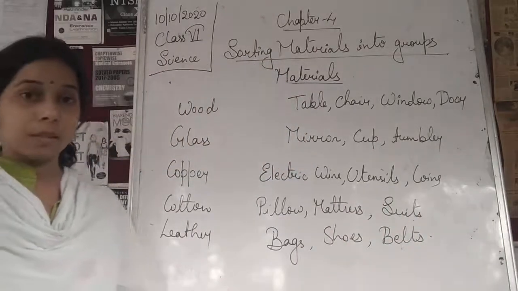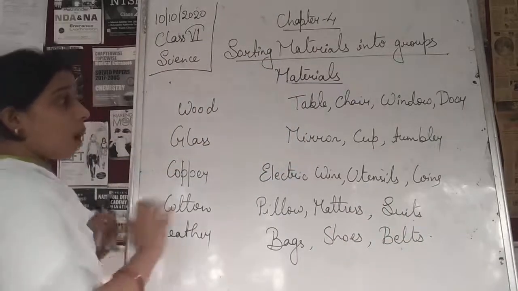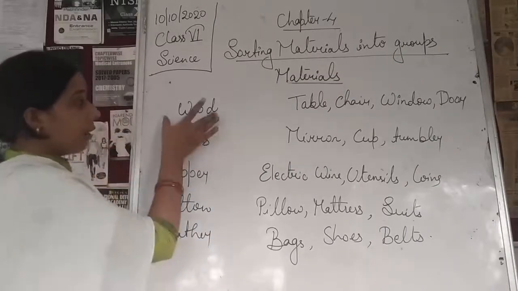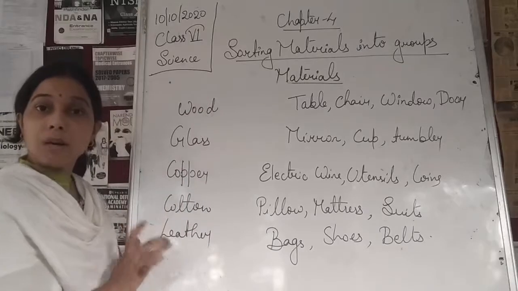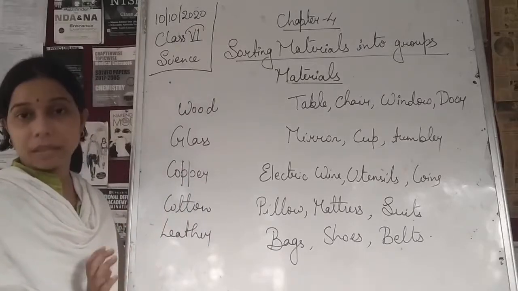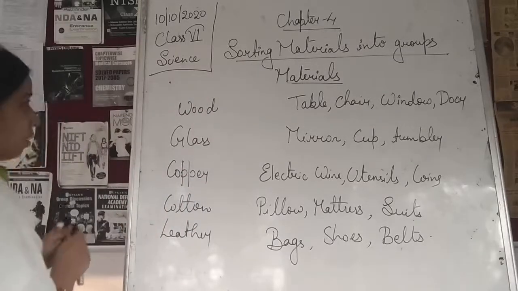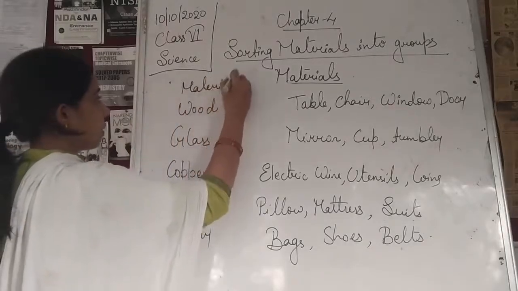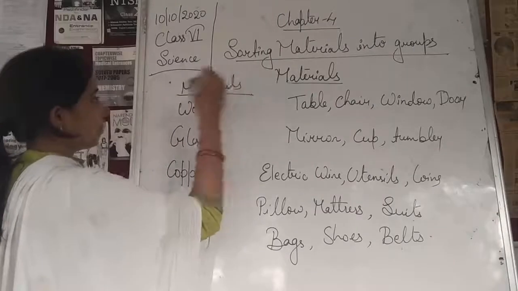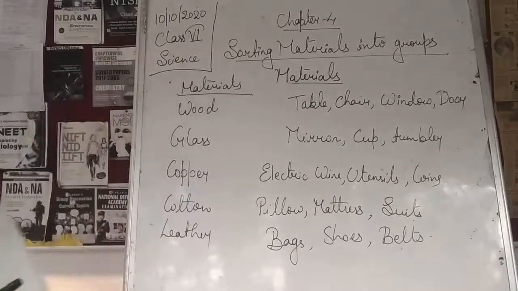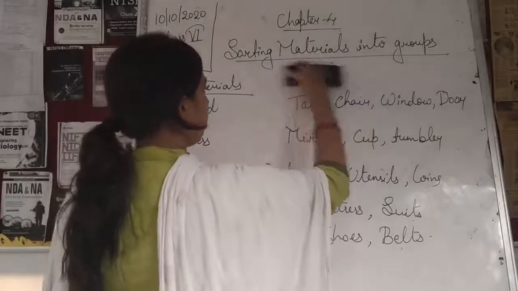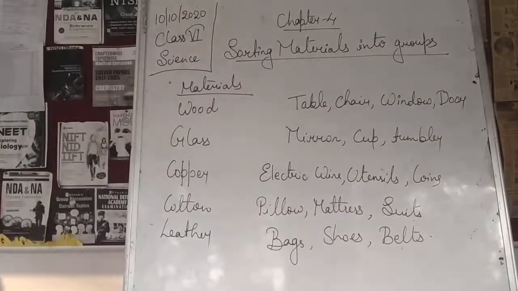So you see, students, what is the observation? What does this table tell you? This is wood. Okay, wood is what? It is a material, right? So we can write here, it is a material. And table, chair is what? Object.